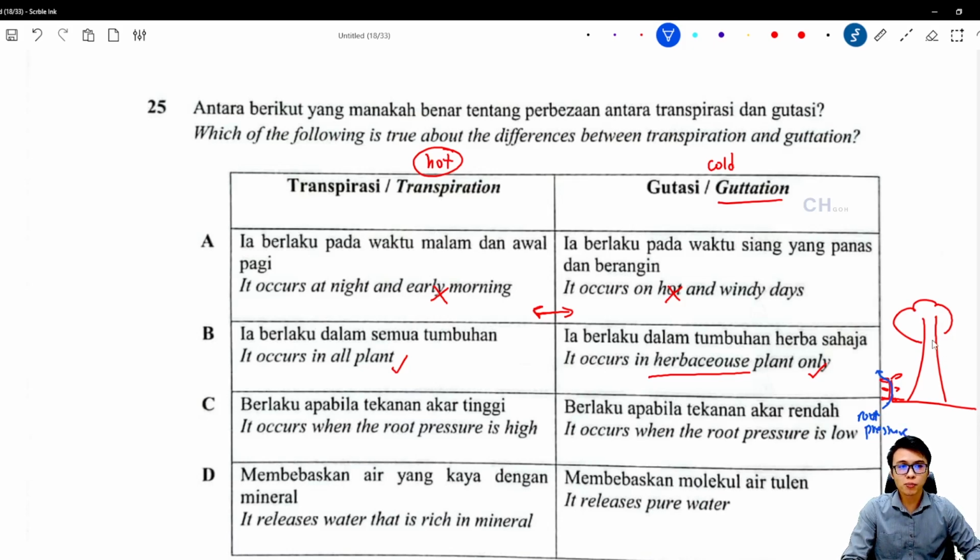But for tall plants like durian trees and mango trees, they have a hard time forcing the liquid all the way up to the leaf. Maybe halfway they stop, using the root pressure. Root pressure is a very weak pressure that is just enough to force the liquid to move up to a certain range. So guttation must be happening in the herbaceous plant. So I guess the answer here should be B for question 25.